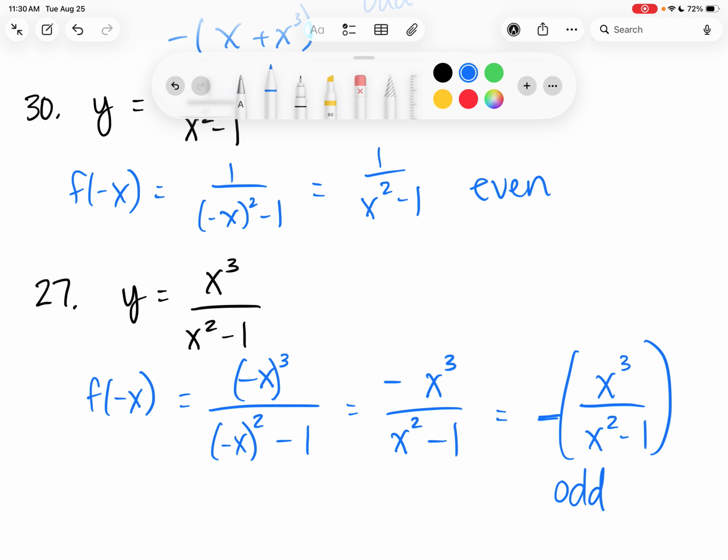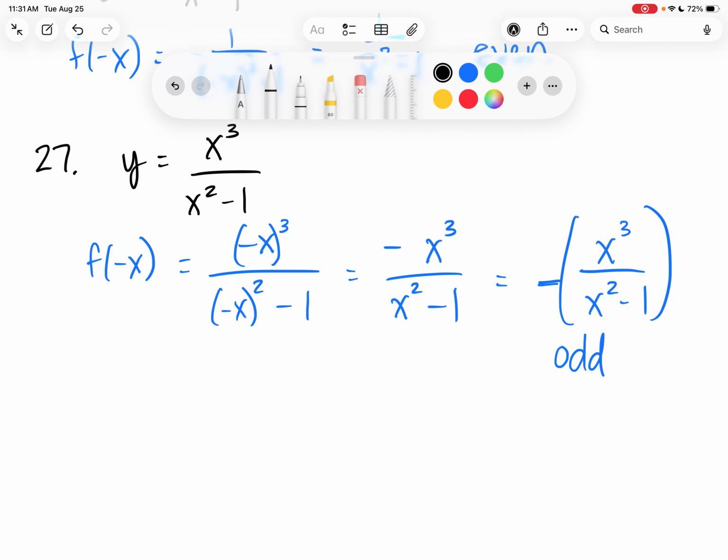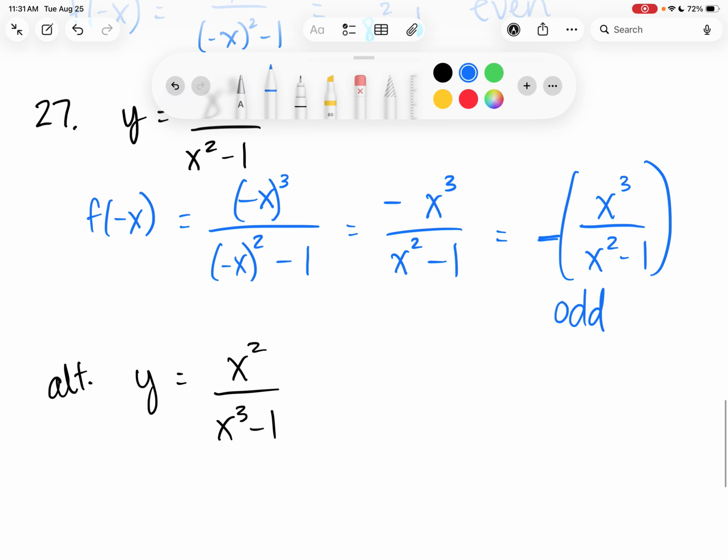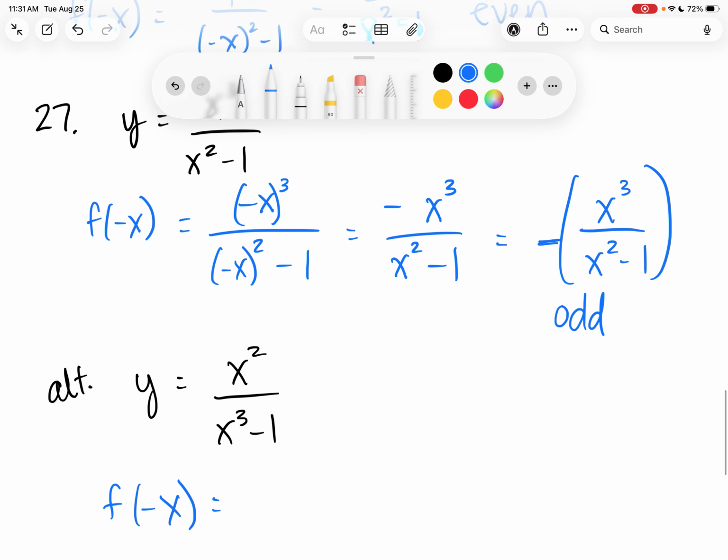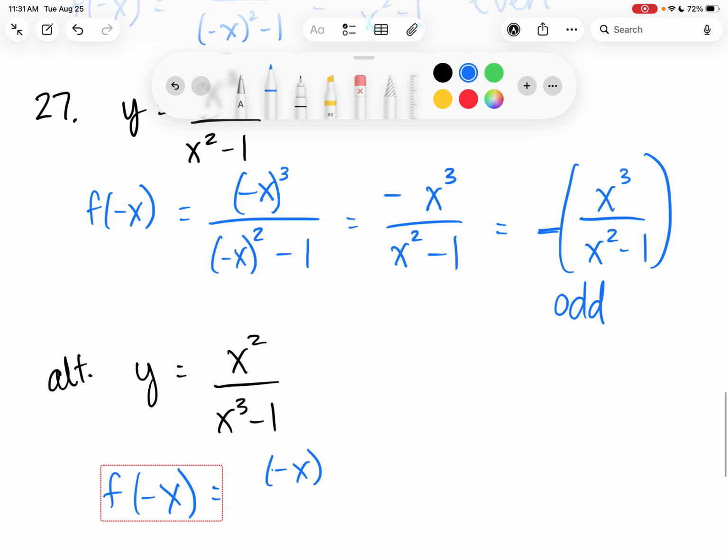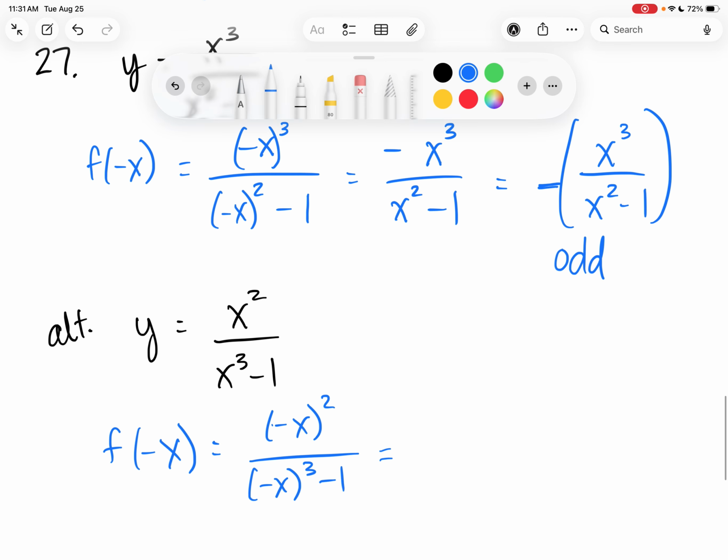If I swapped it, let's say instead the problem was x squared over x cubed minus 1, let's see what would happen with that one. I would have f of negative x is negative x squared over negative x cubed minus 1. The top of this is now positive.